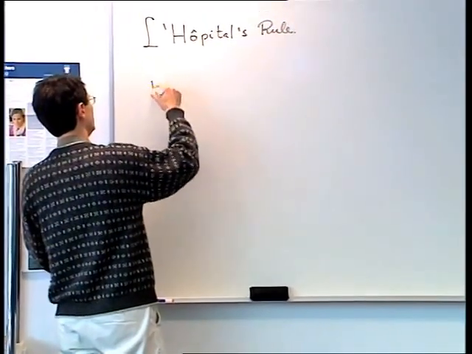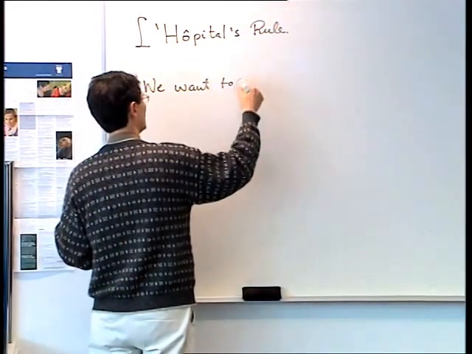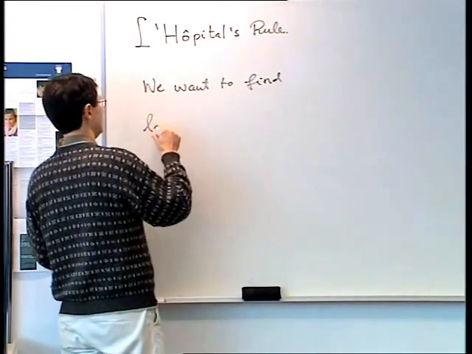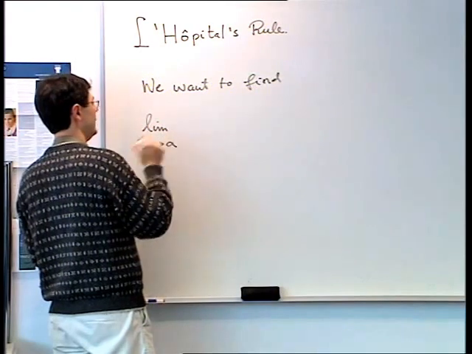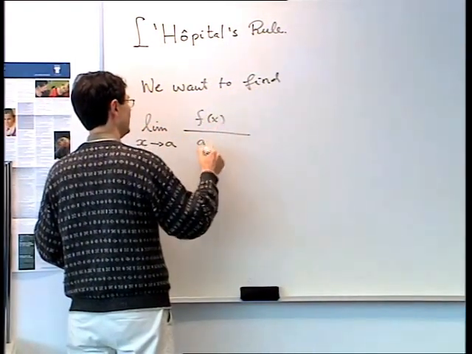We want to compute, we want to find the limit when x goes to a of f of x divided by g of x.